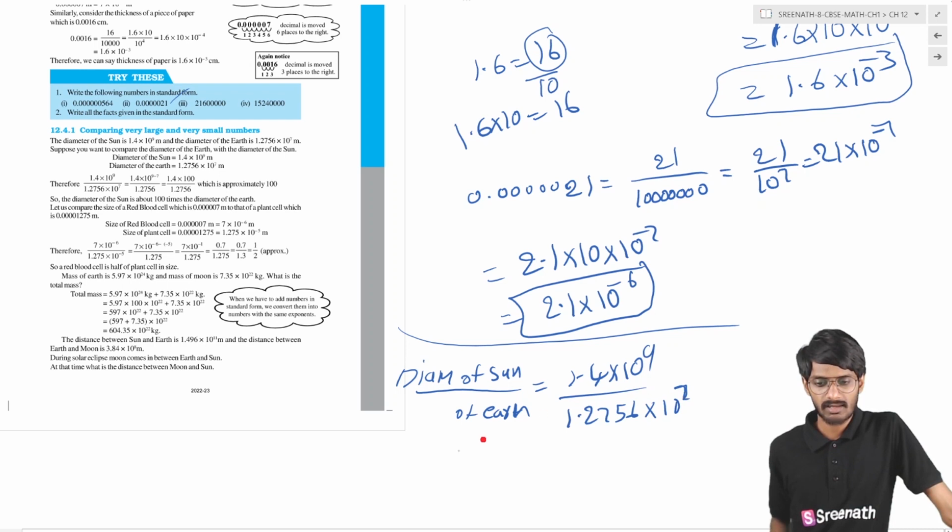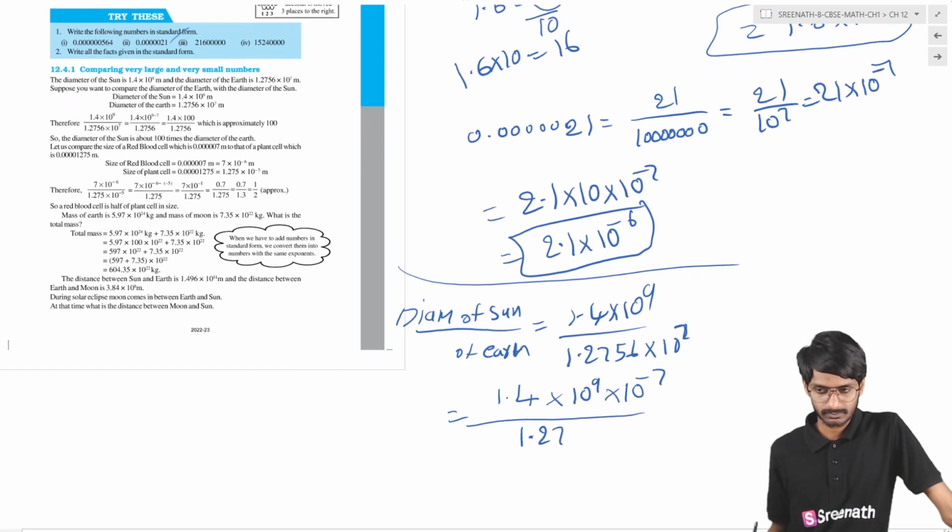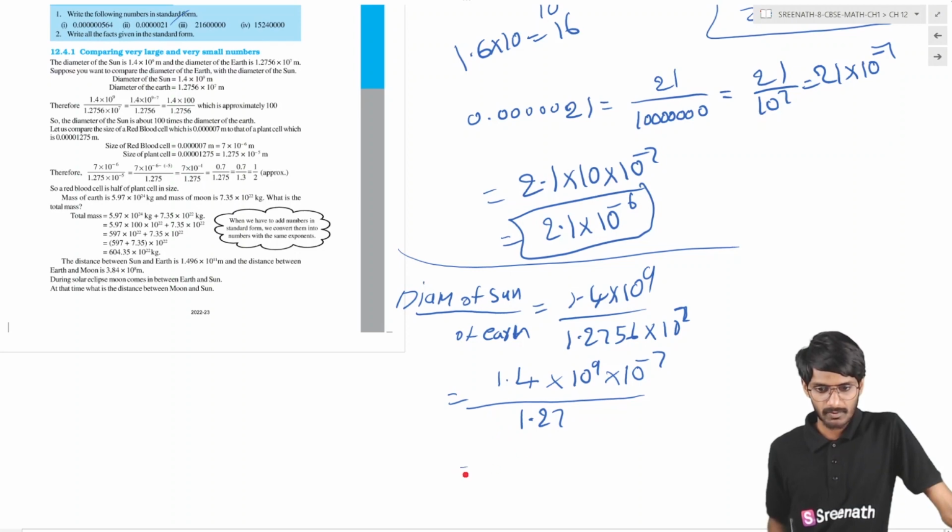So that will become 1.4 by 1.2756 into 10 power 9 minus 7.